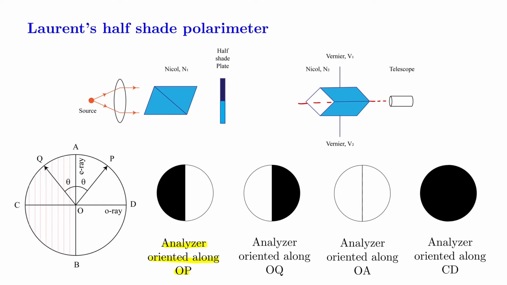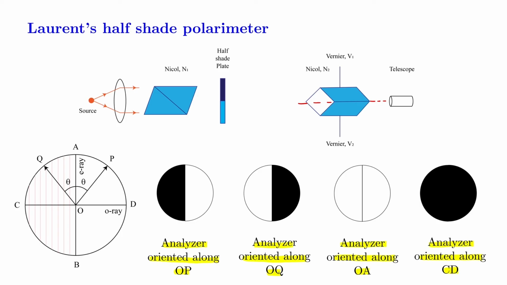The quartz side is dark because the polarization of light from quartz is along OQ. If N2 is oriented along the direction OQ, then the quartz side will be brighter and the glass side will be dark. In case N2 is oriented along the direction OA, then both the quartz side and glass side will appear equally bright. If the nickel prism N2 is oriented along the direction CD, then both sides of the half-shade plate will be darker.